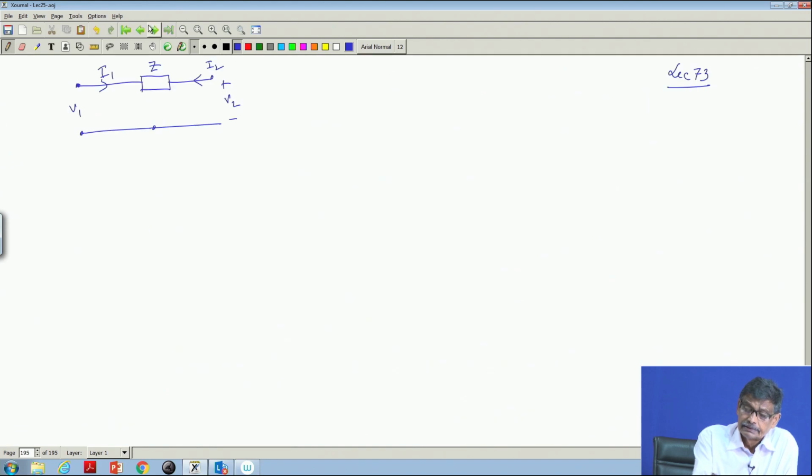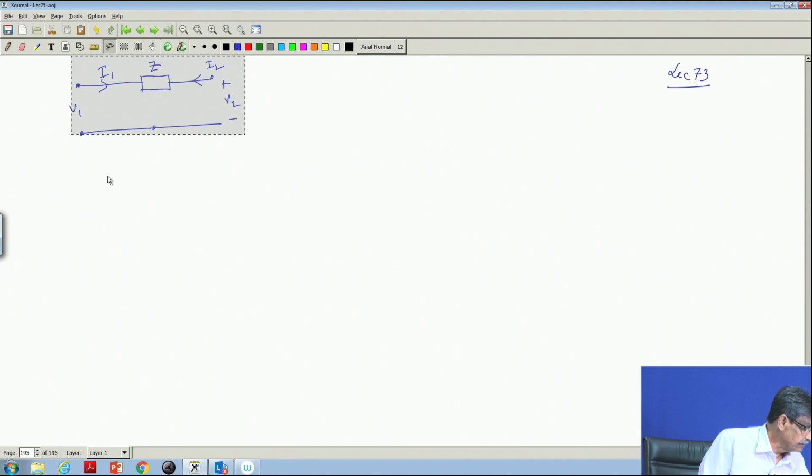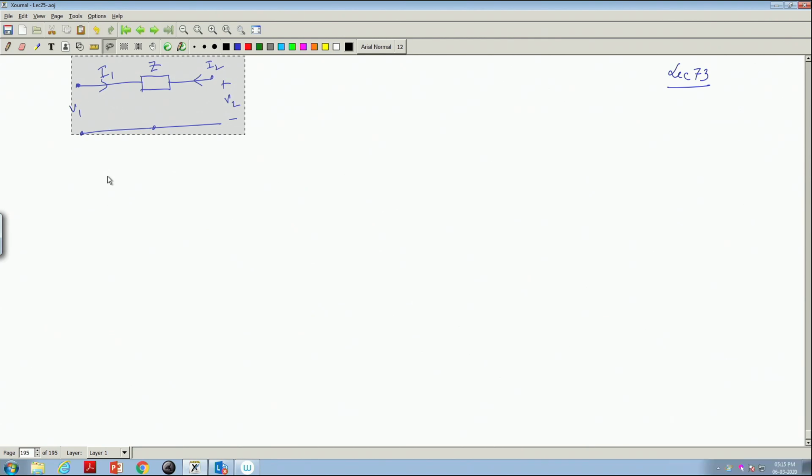Another example, let us take. So this one we have considered. Now, another simple example let us take.